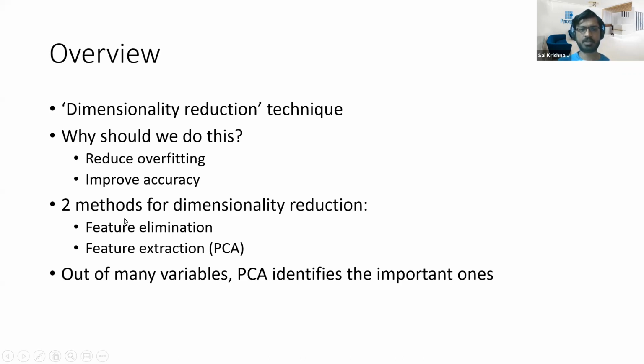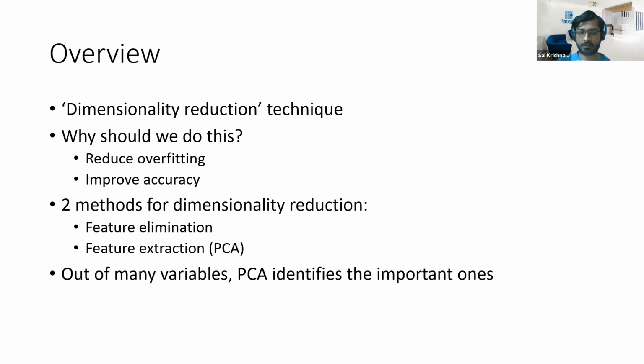Typically, there are two methods for dimensionality reduction. One is called feature elimination, and the other is called feature extraction. PCA is one of the feature extraction techniques. Feature elimination is nothing but, out of all those hundreds of variables, you take a call on what columns or variables to drop.